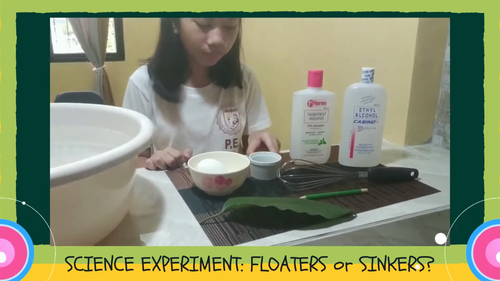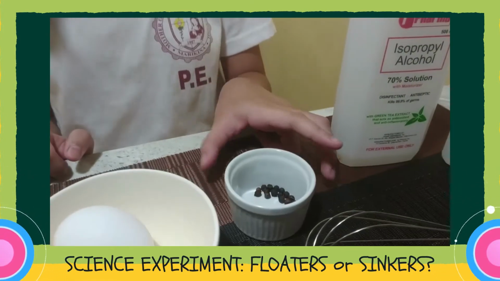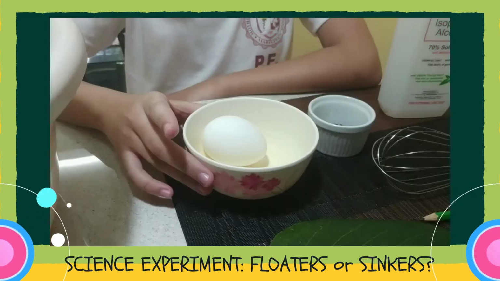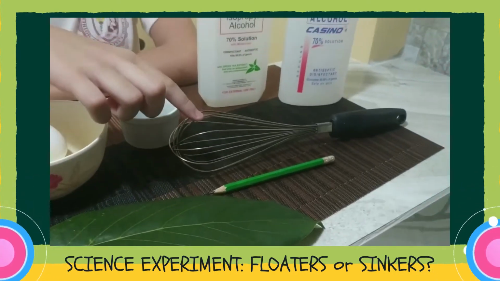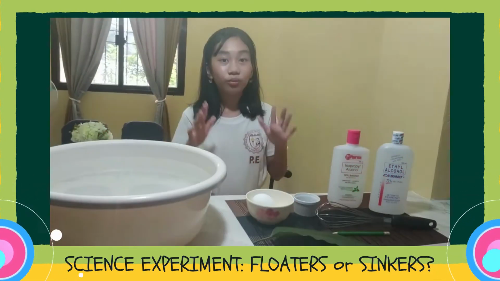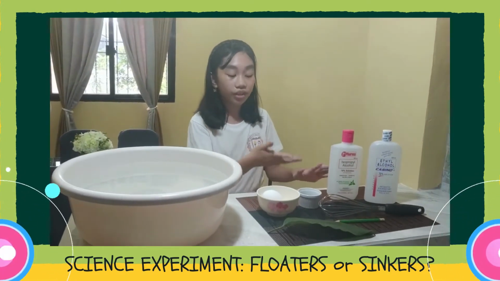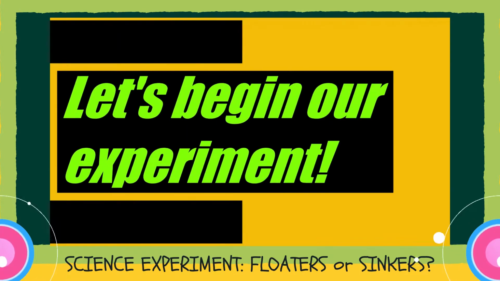We have black peppers, raw egg, avocado leaf, a pencil, and a whisk. So we will check again if they're going to float or sink.